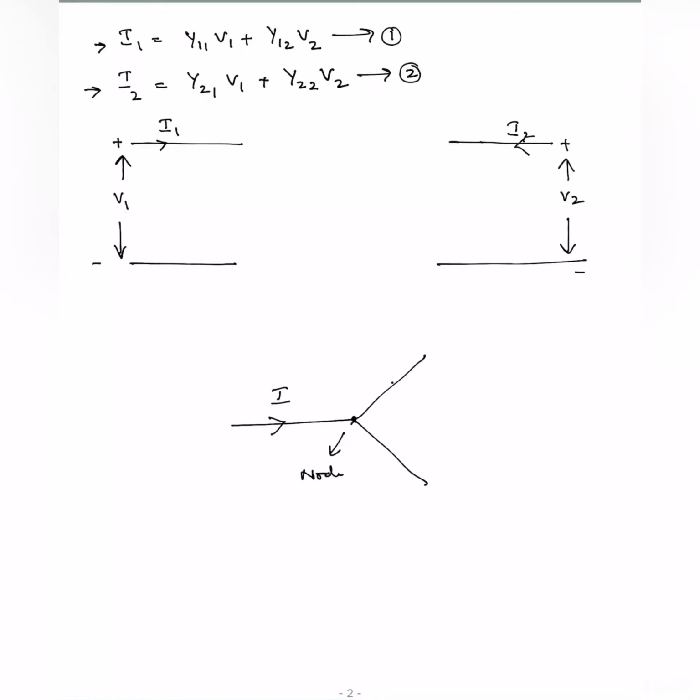There is an equation that governs this condition, that is the main current which enters splits up into I1 and I2. So if 5 ampere current enters this node A, and 2 ampere flows through this path, then the other path should have 3 ampere. This is the way in which Kirchhoff's current law works.